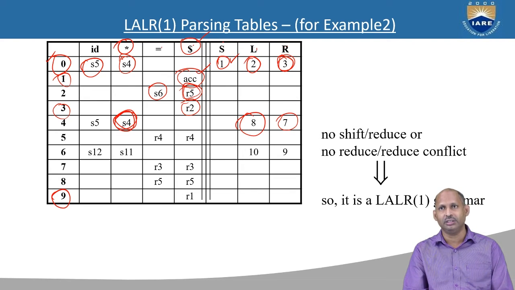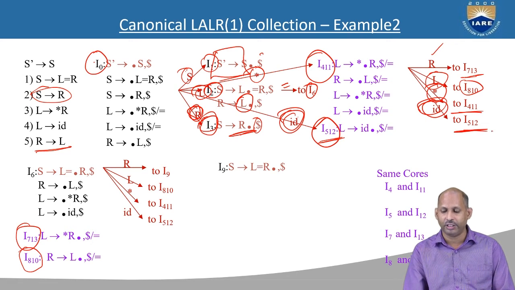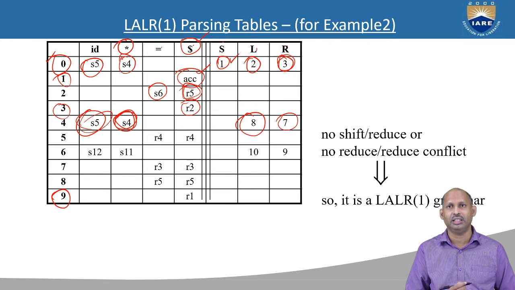On ID I5, so on ID it is S5. Okay, S5, S4, 8, 7.